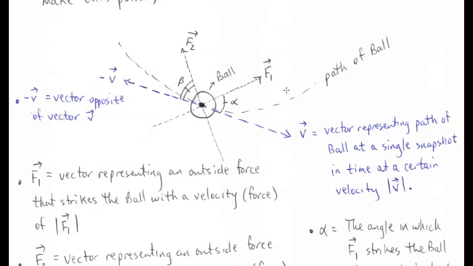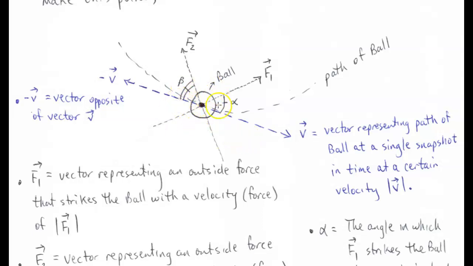To put it in layman's terms, something is going to strike the ball with a certain kind of force. Even though I'm using the word force, what we're really going to refer to in terms of the quantity that the vector is measuring is going to be velocity here, just to make this a little bit more simple to follow.